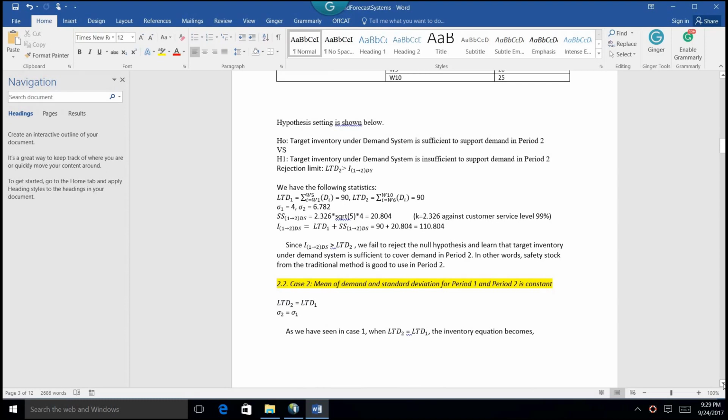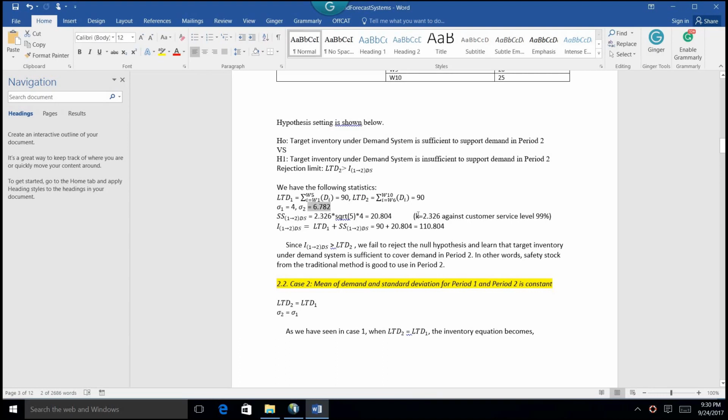Let's put numbers here. You calculate LTD1 as 90, and you get LTD2 equal to 90 as well. Standard deviation for period 1 is 4, and standard deviation for period 2 is 6.782. Then you put these in the safety stock formula and you get 20.804.